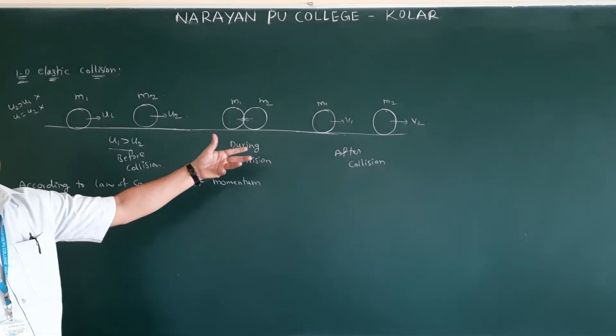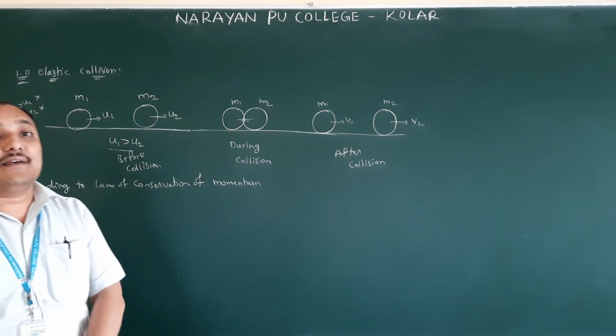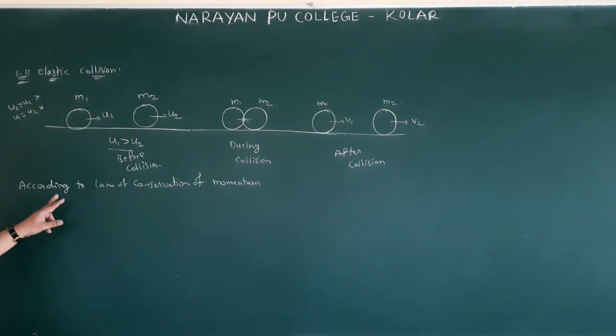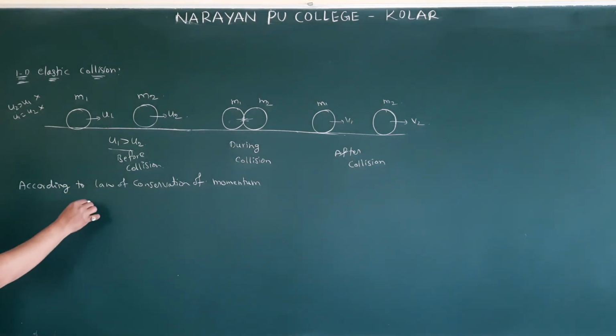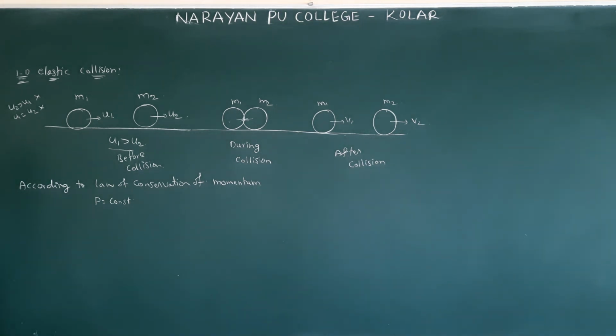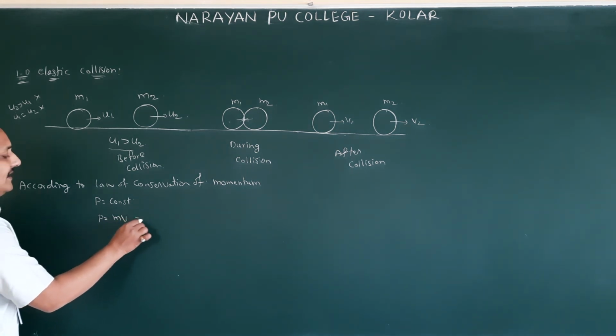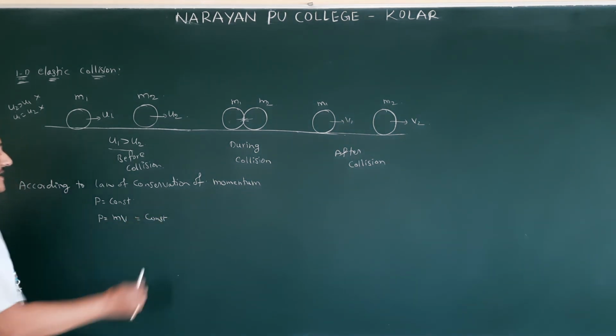Total momentum is constant means the momentum before collision and after collision is the same. So P is constant. What is P here? Momentum. What is the formula? Product of mass and velocity is constant.